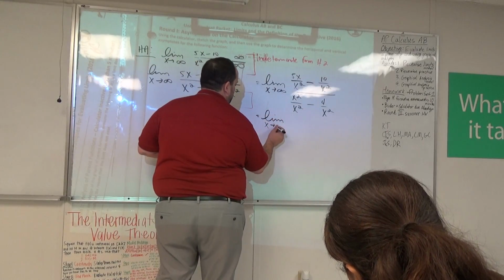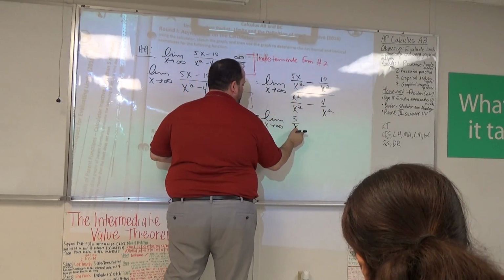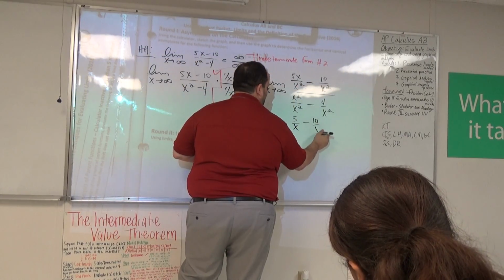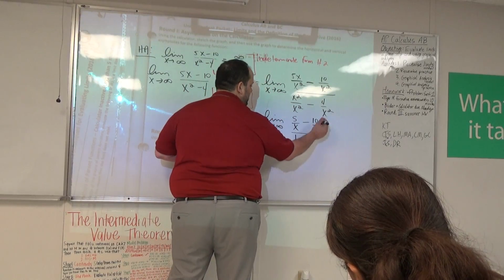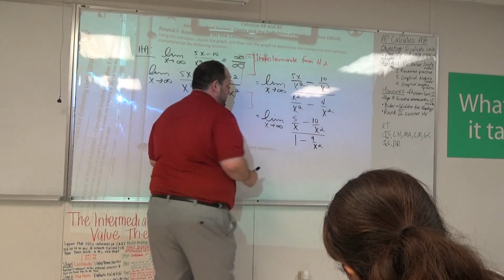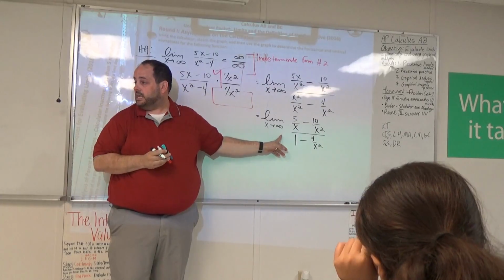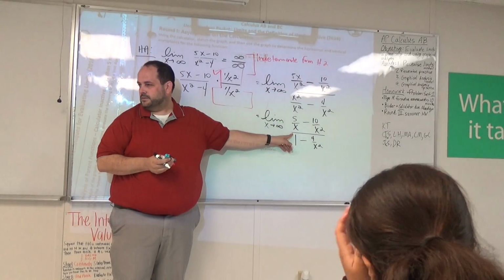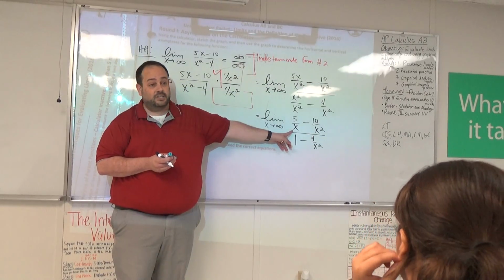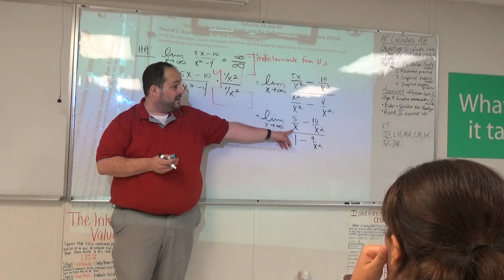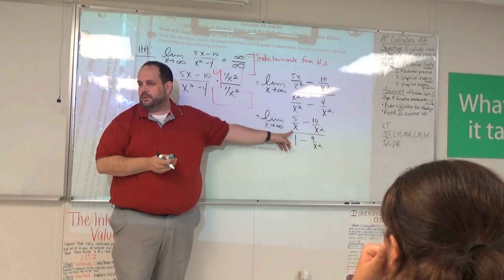Limit as x approaches infinity. 5x over x squared is the same as 5 over x, minus 10 over x squared, over x squared over x squared, which is 1, minus 4 over x squared. If I take the limit as x approaches infinity of 5 over x, x gets big, x heads off to infinity.